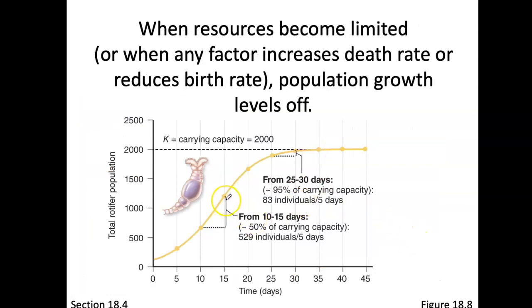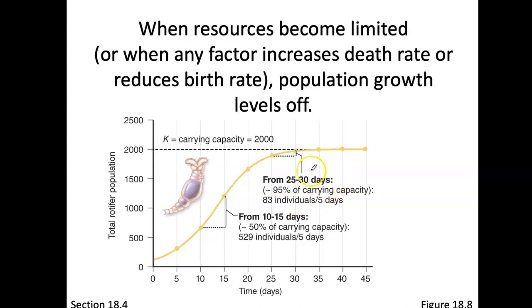Once it runs out of food, it's going to level out. That leveling out is what we call the carrying capacity for that population. It's going to have to level off, because there's no habitat that has food that's available always without running out.